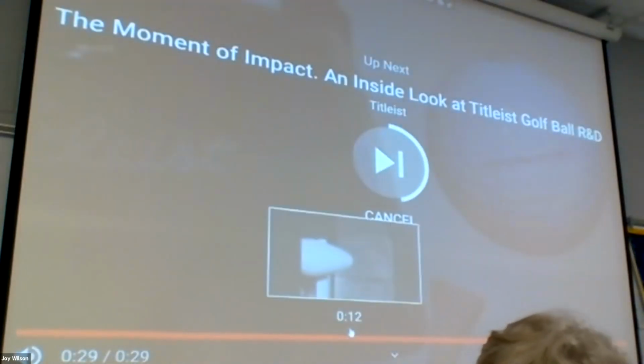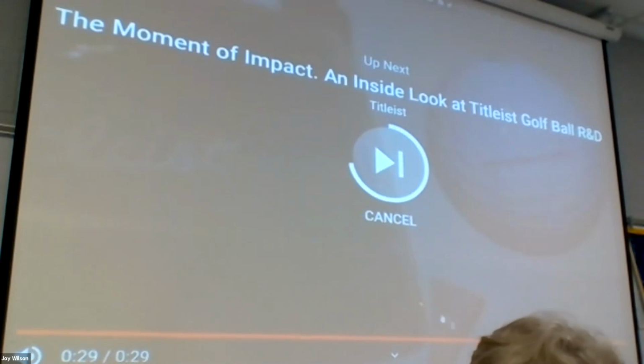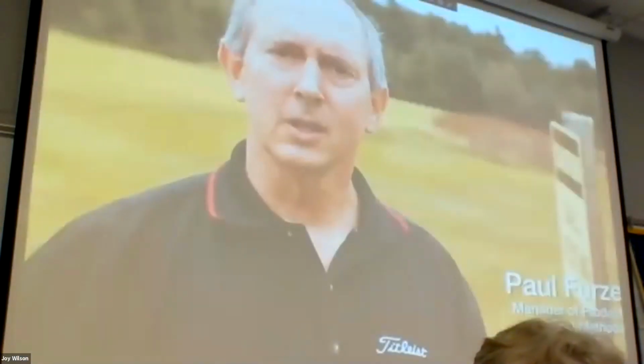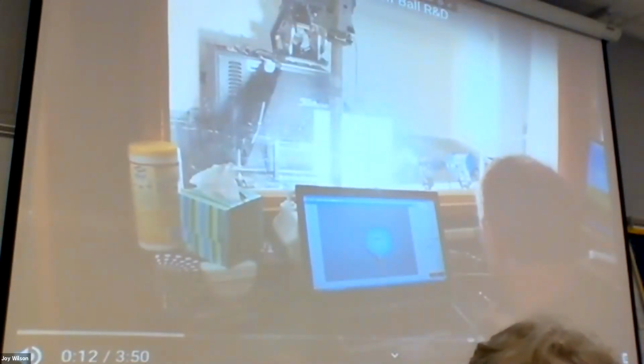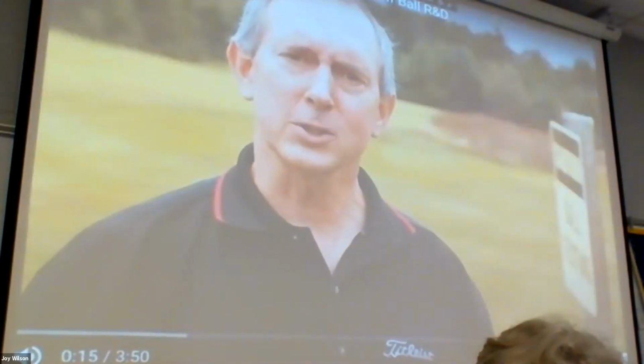I'll let this one go too because it's another short one. But this is one of the things they test: the golf ball and how easily it compresses and then how easily it goes back to its original position. So this is what they do at one of the test facilities for Titleist. He's the guy that's the head of this department.